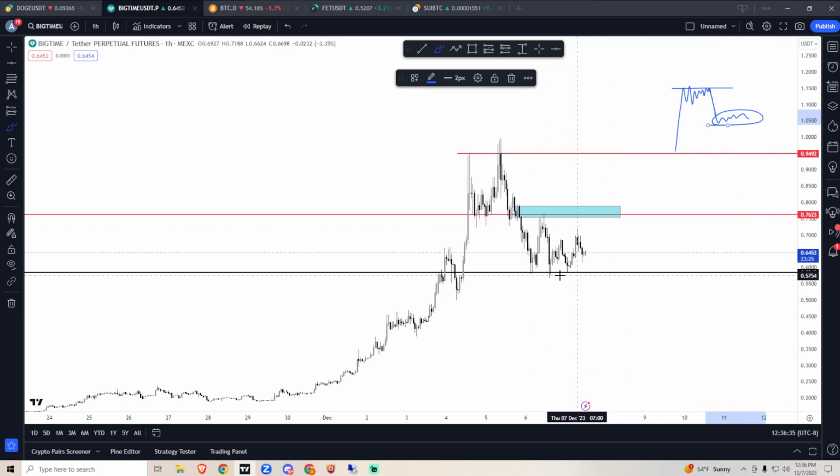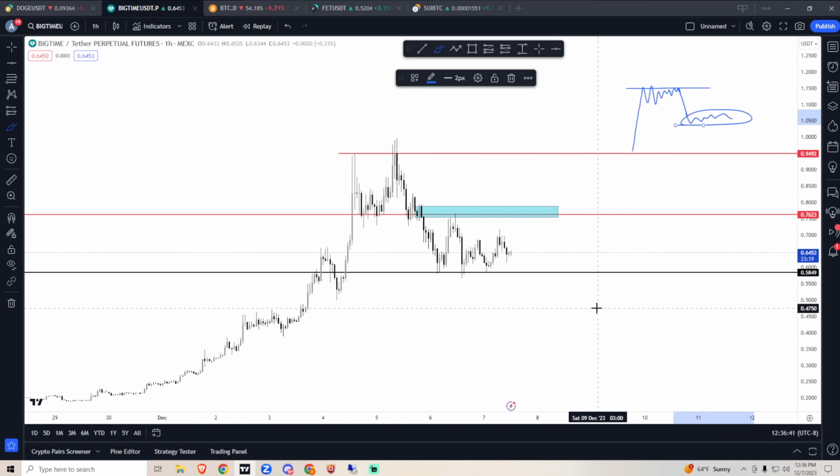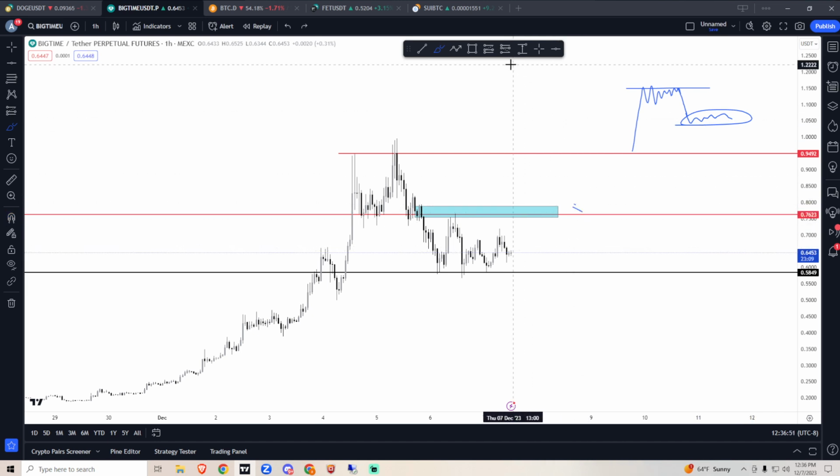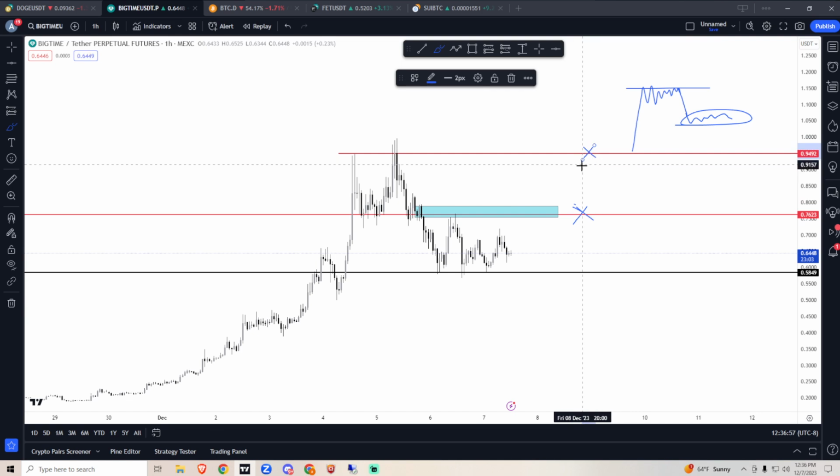Now we've touched this level 3 times. The more we touch it, it's going to get weaker. But I expect this level to hold. If I'm correct, we should at least go to mid-range. So mid-range is here. Flip that into support, we get range highs.